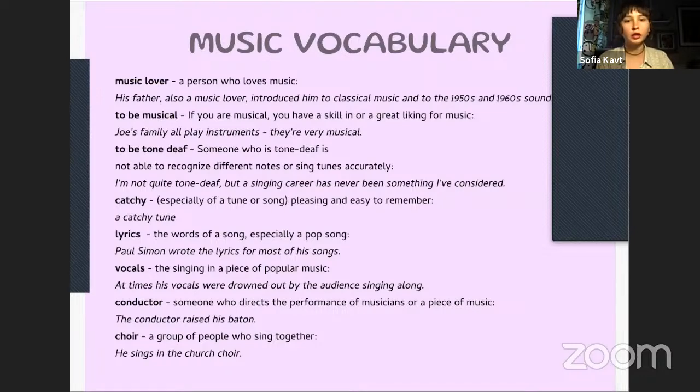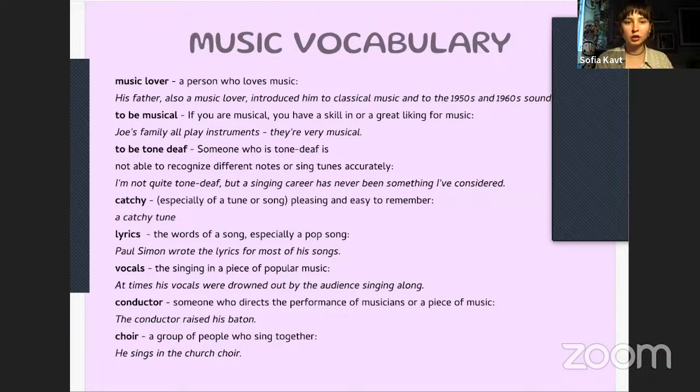Then the next one is to be musical. So if a person is musical, it means that they have a skill in music or at least a great interest for music. So it's a person who has a good ear for music, who is musically gifted, or at least somehow related to music.